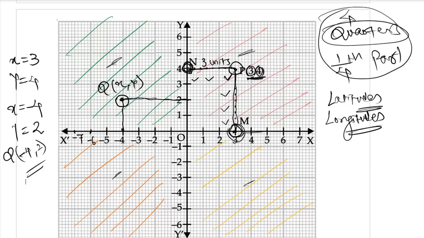So the value of that point is known as x coordinate. What is y coordinate? Y coordinate is the distance from the x-axis, or if you join the point with y-axis with a perpendicular line, the location of that point on y-axis is known as y coordinate. We just saw here, right?